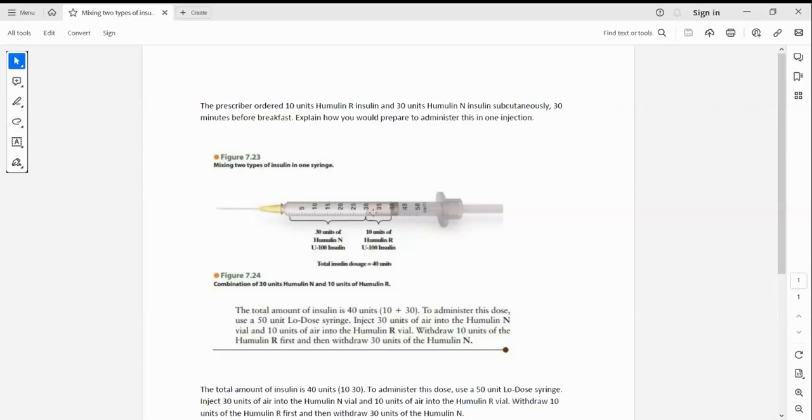The 10 units of regular is between 30 and 40. And then the 30 units of the Humulin N is between 0 and 30. So technically this is a better way to mark it instead of just two arrows. But honestly, if you write it like this, you should be without a doubt 100% correct.